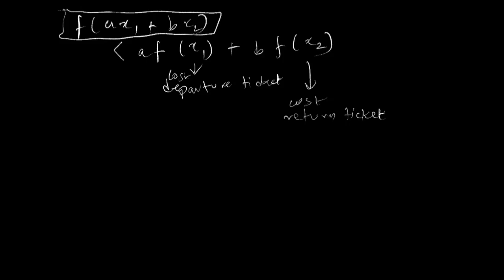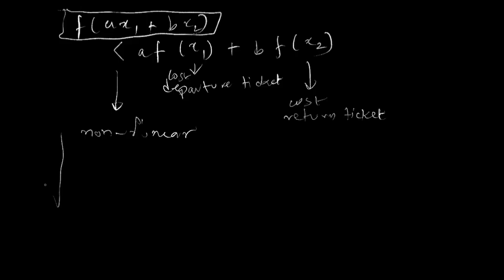So always, at least in case of airline ticket, this relationship is nonlinear. So reality is not always linear. It is nonlinear, right?